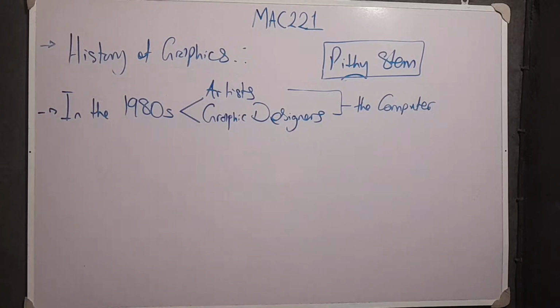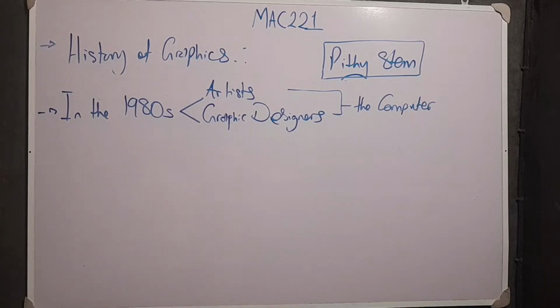All right, this is as a result of some software, some applications that can enable this drawing, this graphics editing and graphics creation. The likes of 3D computer graphics became possible in the 1980s.